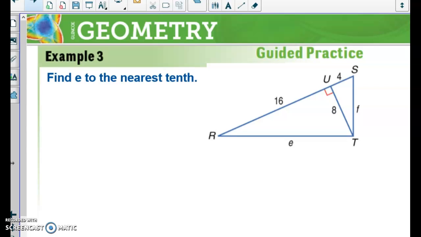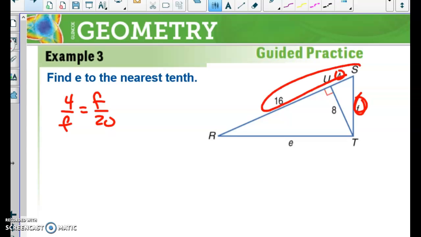All right, so if I'm going to find these, I'm going to set up 4 is to F as F is to 20. Again, the part that's next to the side that we're finding is proportional to the side that we're finding to the total.